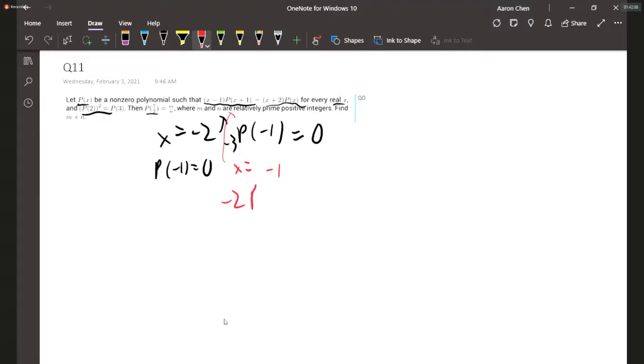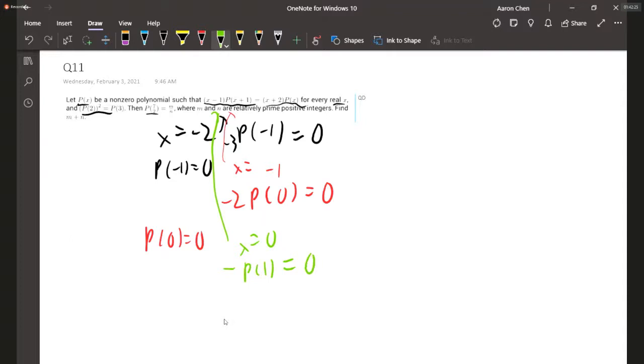And so -2 p of 0 equals 0. So p of 0 equals 0. And now you can plug x equals 0 into here. And so you have that -p of 1 is equal to 0. So p of 1 is equal to 0. And when you plug x equals 1 into here, you just get 0 equals 0.